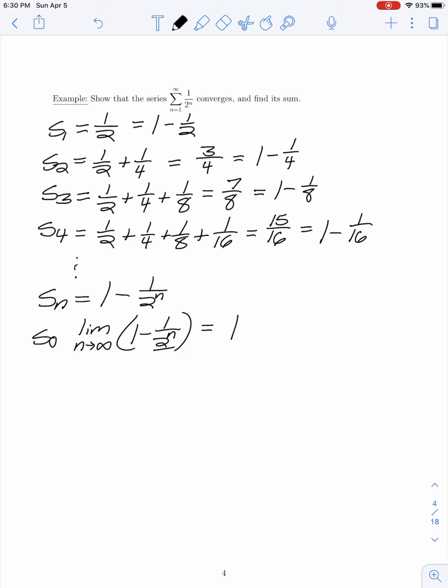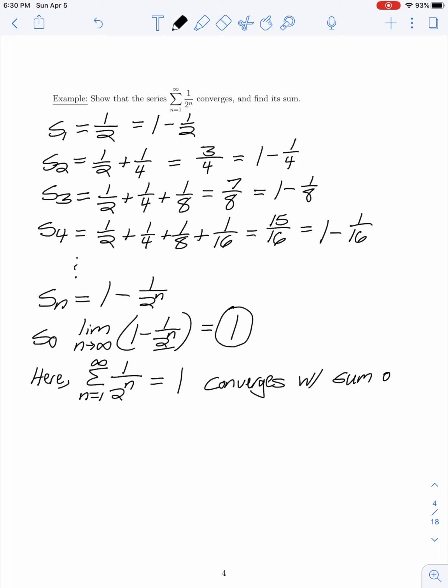So we're left with the limit of a constant 1, which is 1. So here, our series, the sum from n equals 1 to infinity of 1 over 2 to the nth power is equal to 1. So we would say this series converges with a sum of 1.